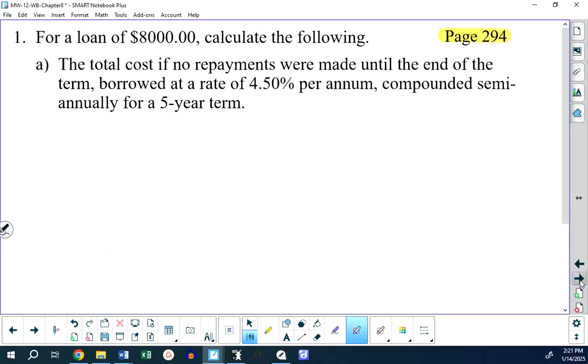So if we take a look at question 1 here, and you're going to have an assignment a little bit later today that's going to be turned in. For a loan of $8,000, what is the total cost if no repayments were made?